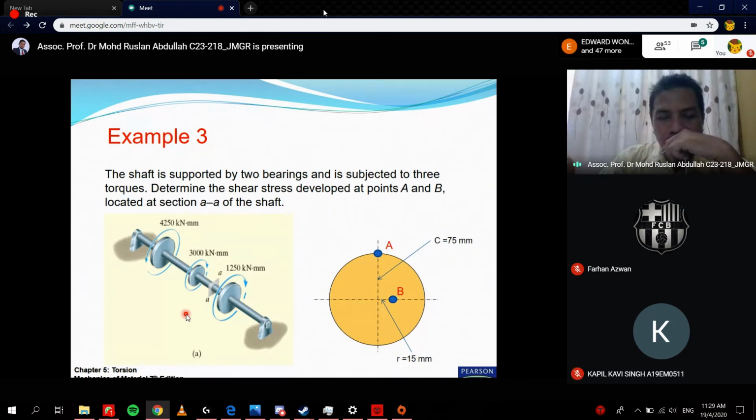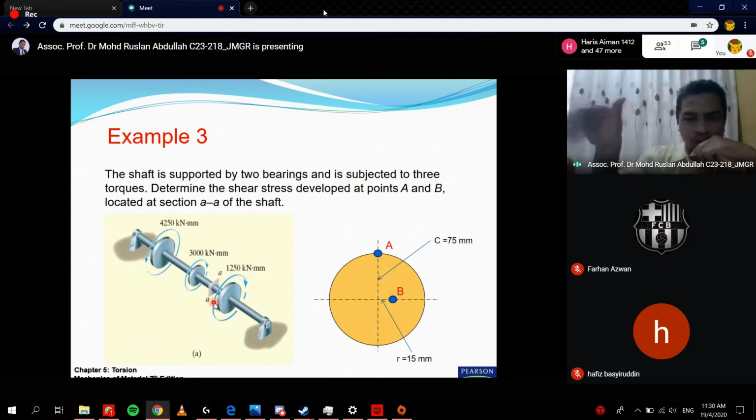This is your right hand, and your thumb must be in the same direction as the axis, and this is the positive moment. But in this case, this is clockwise. Here must be anti-clockwise. So anti-clockwise is positive, and this is clockwise.